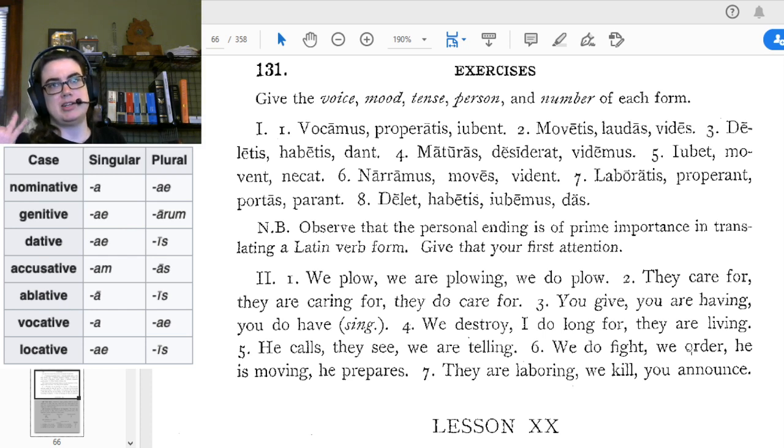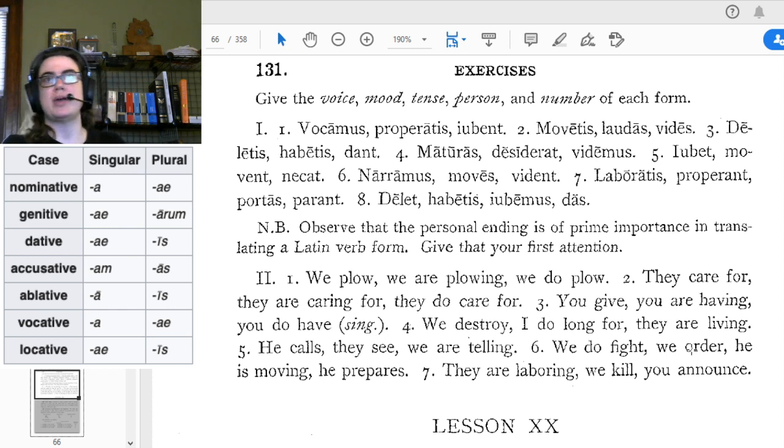So we really only needed to give the person and the number right now. Properatis, that's a T-I-S. O-M-S-T, mus, tis, nt. So it's second person, plural. Jubent, N-T. Third, plural.